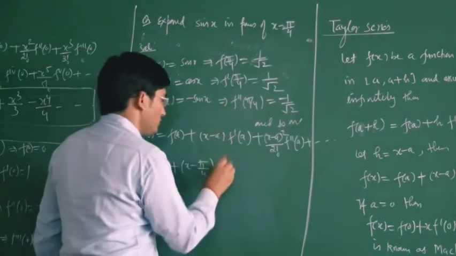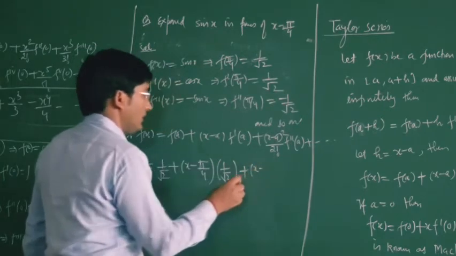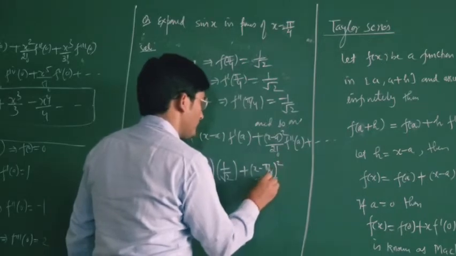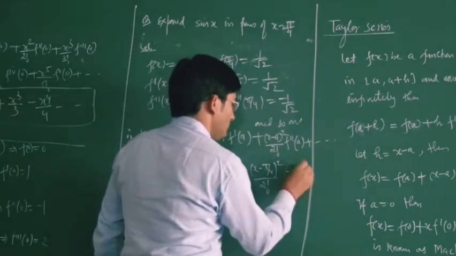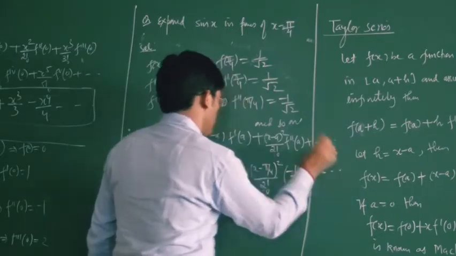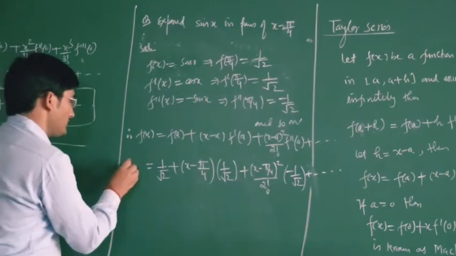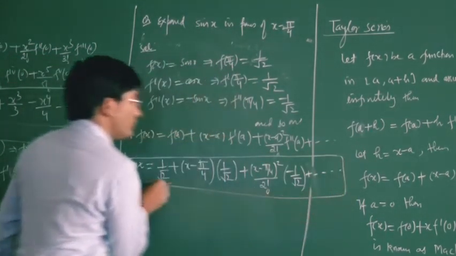Your f dash a is 1 by root 2, plus (x minus pi by 4) whole square upon factorial 2, then your f double dash is minus 1 by root 2, and so on. So this is the expansion of your sin x in powers of x minus pi by 4.